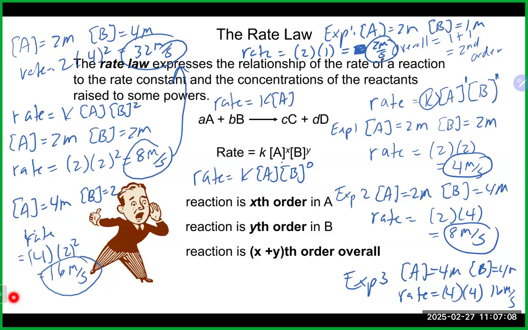B is just 1. That means in this reaction, if I increase the concentration of B like 16-fold, would it have an effect on the rate? It would not. You could do whatever you want to B in this case. It will not do anything in terms of the rate of reaction. You would have to go with A only there to try to affect it, obviously, speed it up, slow it down, and stuff like that.